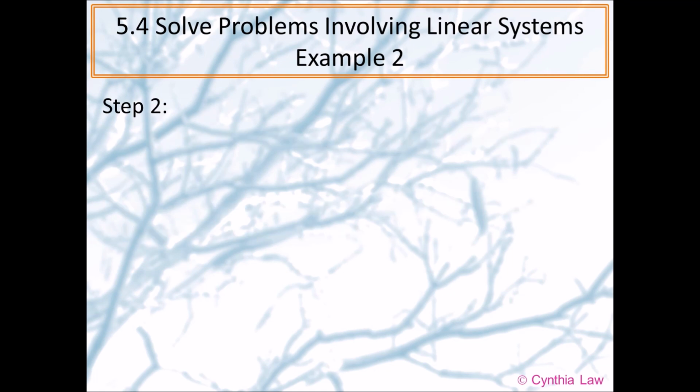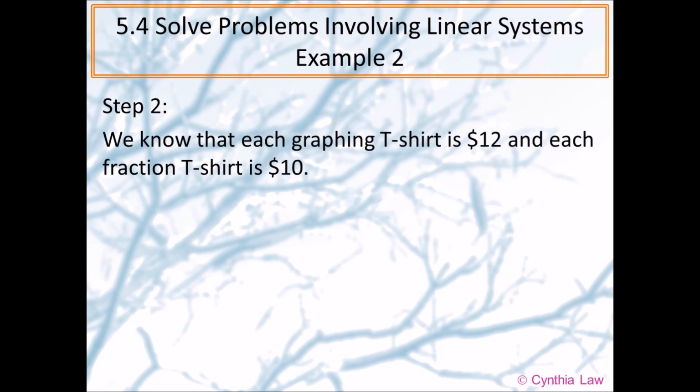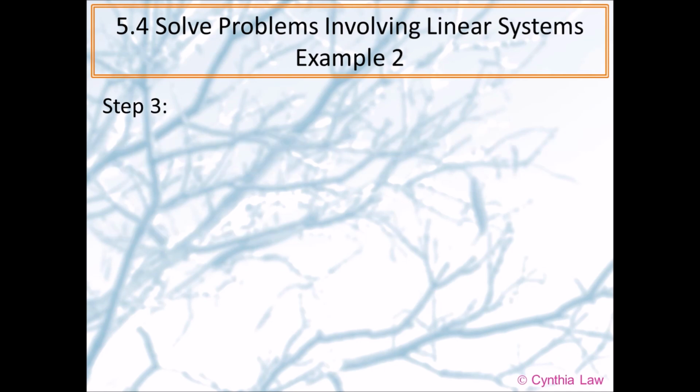Now step 2, identify the information given to us. We know that each graphing t-shirt is $12 and each fraction t-shirt is $10. We also know that the total cost is $730. Step 3, let's pick out the information we need to solve the problem.